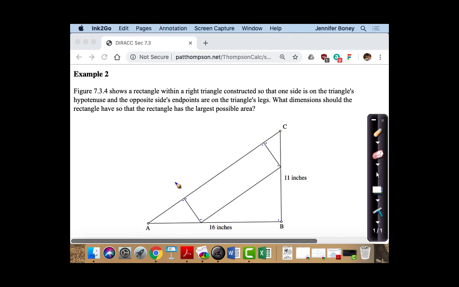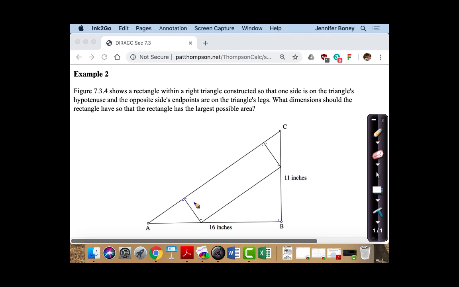So this is in section 7.3 in your textbook, so maybe this looks familiar, but I just want to point out some things along the way in case you either didn't look at it, got lost, or forgot, said, oh yeah, that made sense, but I haven't looked at it in a little while. So the main idea is I want to find something where I can find the area of this rectangle.